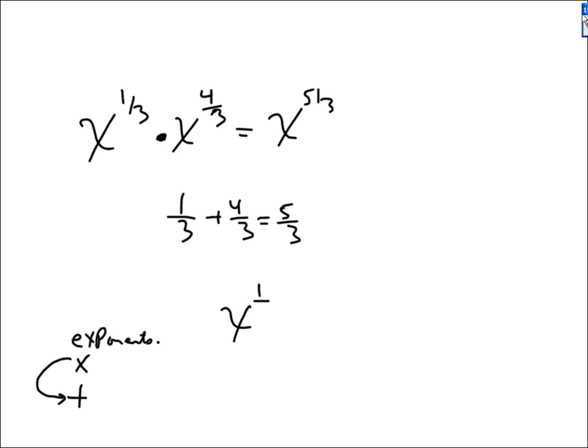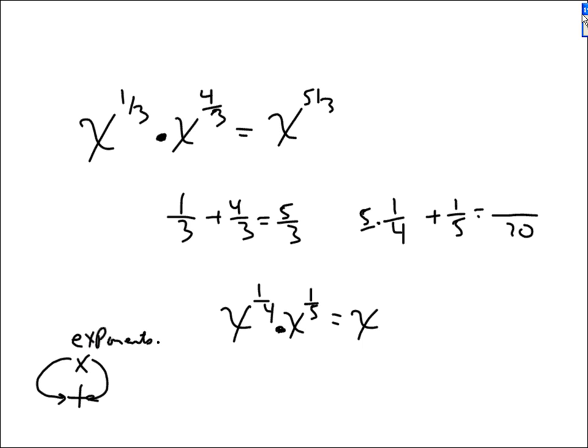Go down one level. x to the 1/4 times x to the 1/5. We are multiplying. Students say, oh, this is an addition. No, it's a multiplication problem. So down one level, you might add the exponents, but it's still a multiplication problem. 1/4 plus 1/5, the LCD is 20.